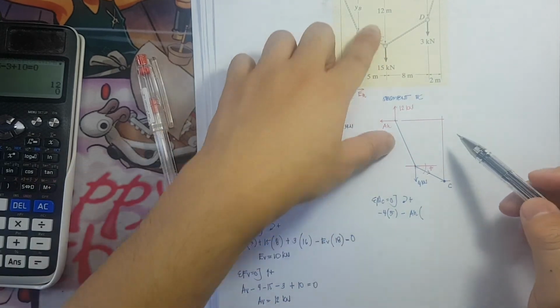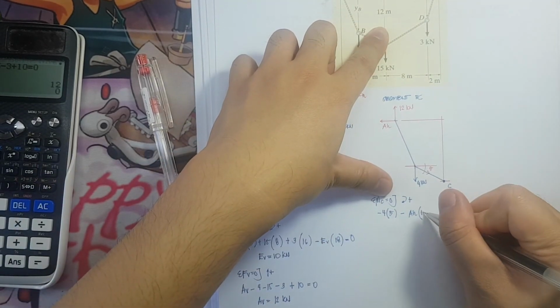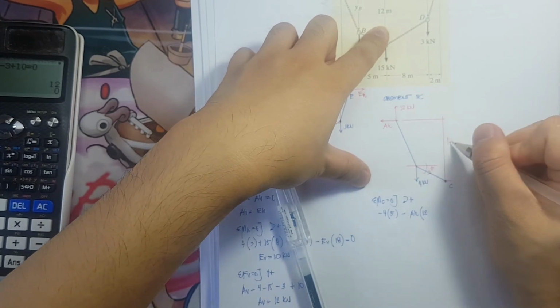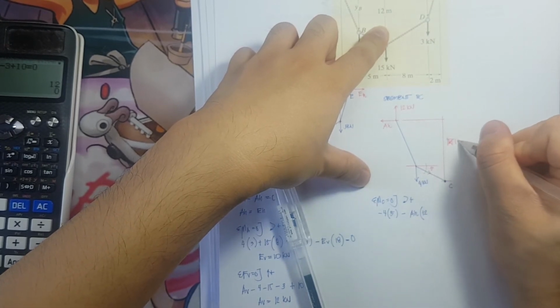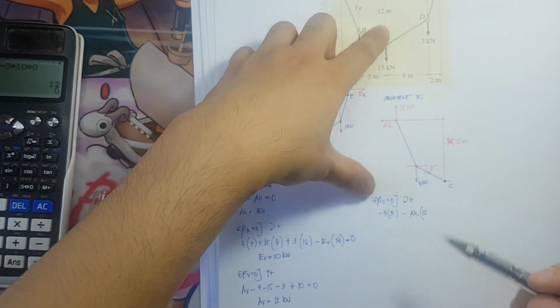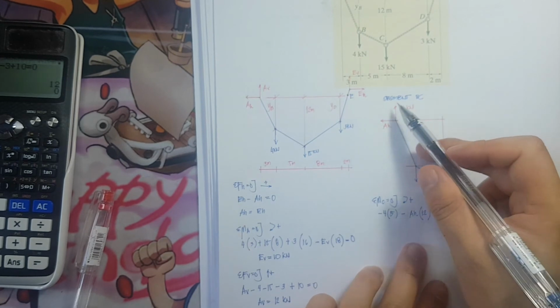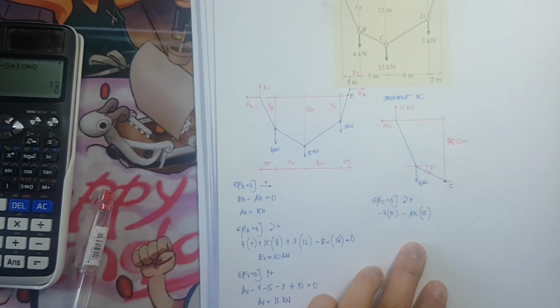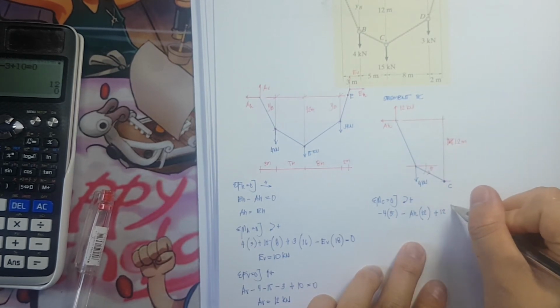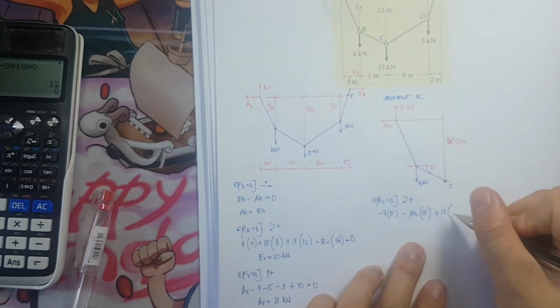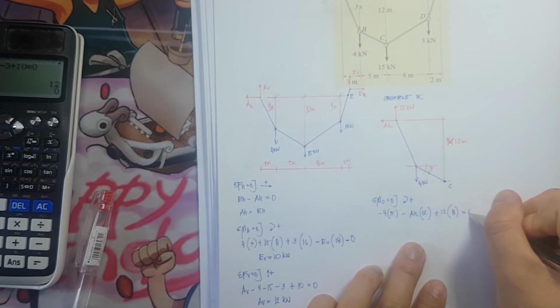Take note, the lever arm here is 12 meters. And we have here the 12 kilonewton, and it is rotating in a clockwise manner. So plus 12 times a lever arm of 5 plus 3, that is 8, and equate it to 0.